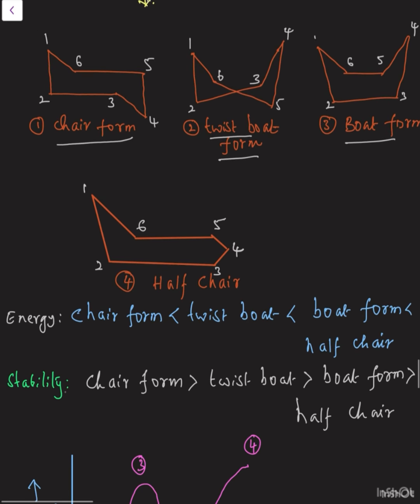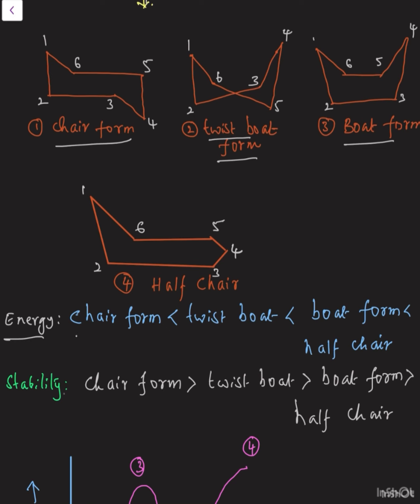Among these conformers, in the energy order, the chair conformer is having the least energy when you compare with the half chair form. So this is the order of energy. Chair form energy is less than twist boat form, then boat form, then half chair form.